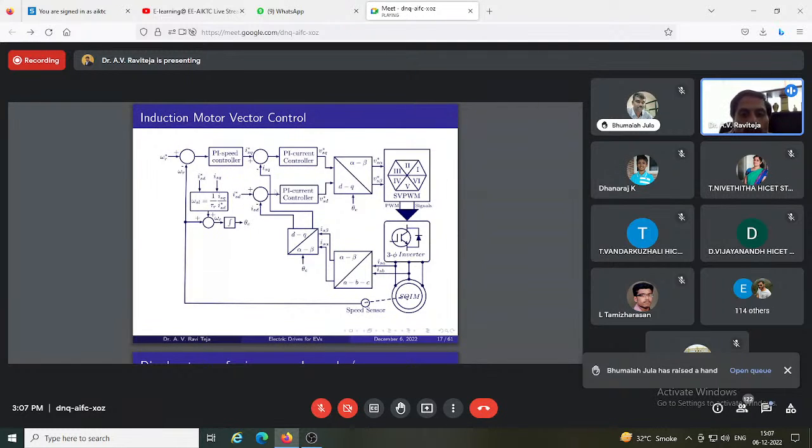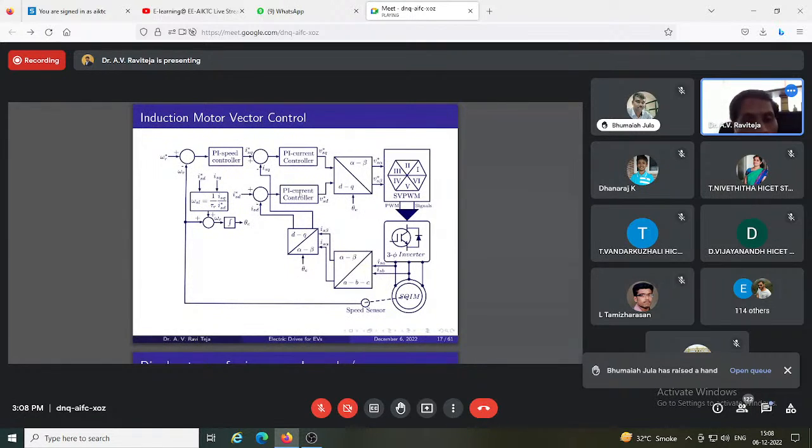So flux I am controlling in the d axis, and torque I am controlling in the q axis, so that I will always have a fast response control in the induction motor, and at the same time I am able to control at low speeds as well, because when I directly control flux, there is no approximation.